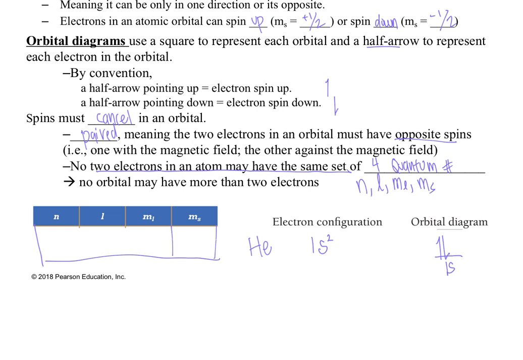So let's do the quantum numbers. First, the quantum numbers for this first electron. Its n value is 1. Its L value for an s orbital is 0. The only m sub L is 0. And then it's spin up, so it's positive 1/2. So that's its set of quantum numbers.